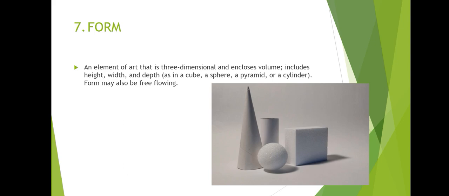That is the difference: an object with only height and width is a shape, but form has height, width, and depth. Examples are the sphere, pyramid, cylinder, and the cube.